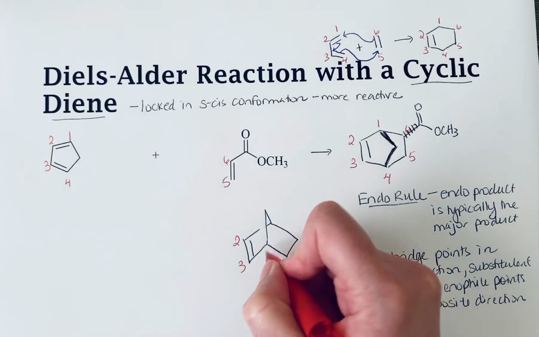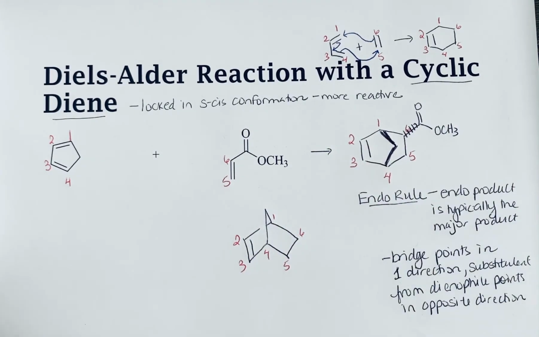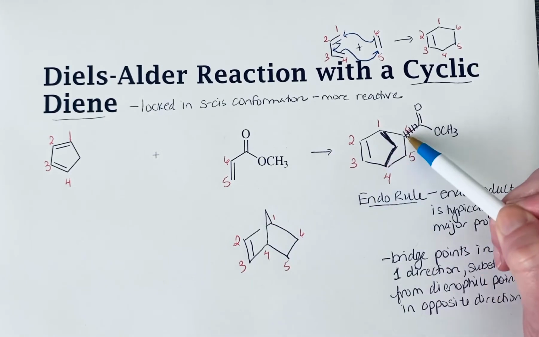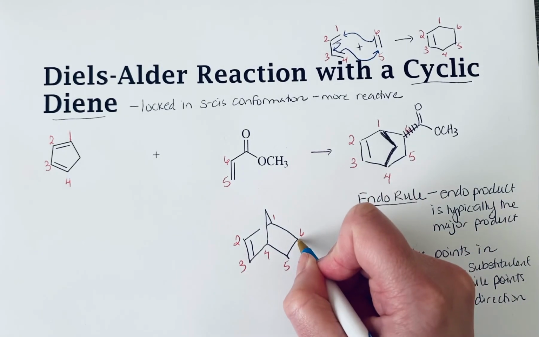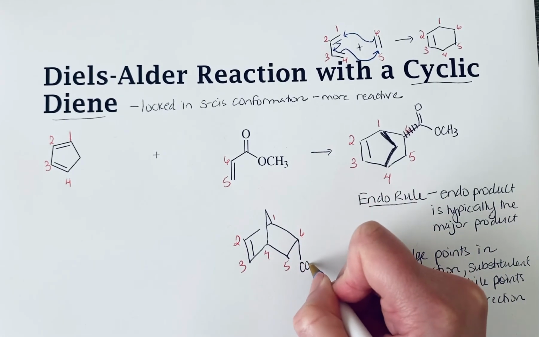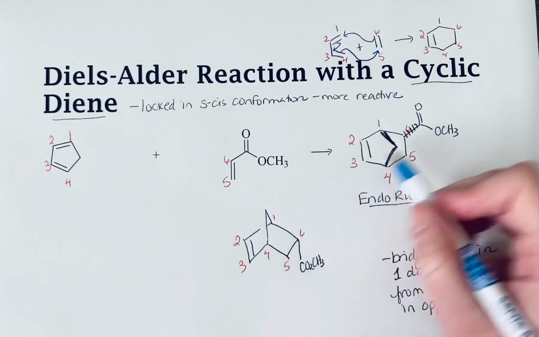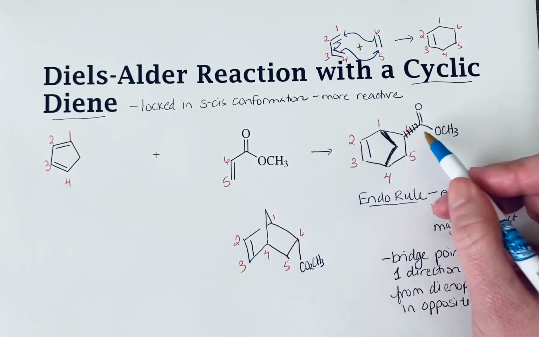We find that pi bond, 4, 5, 6, and 1. And see the bridge is pointing up. Here it is pointing up, and I want this on carbon 6 to be pointing down, so I would put it down. And those two structures are equivalent to each other. So you should be used to seeing it either like this or like this.